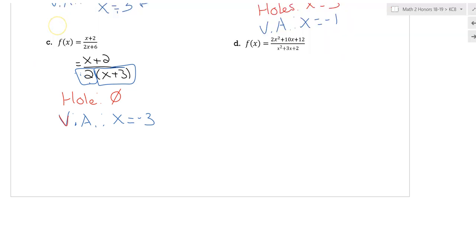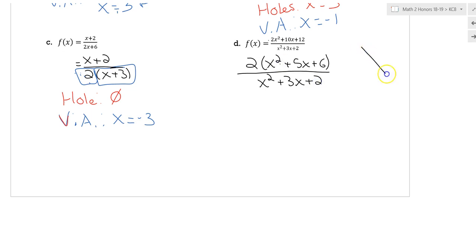All right, and last problem. F of x equals 2x squared plus 10x plus 12 over x squared plus 3x plus 2. I'm going to start by factoring this one. So I have 2 times x squared plus 5x plus 6, so I just took out that greatest common factor, over x squared plus 3x plus 2.